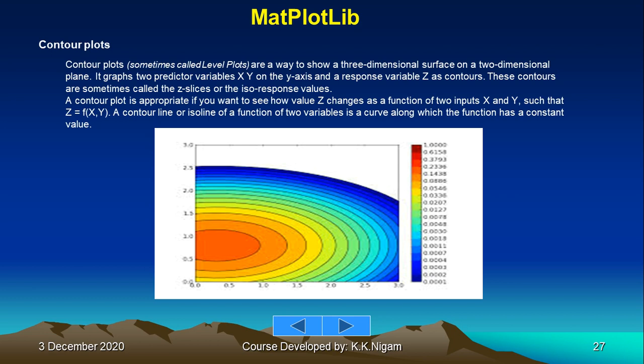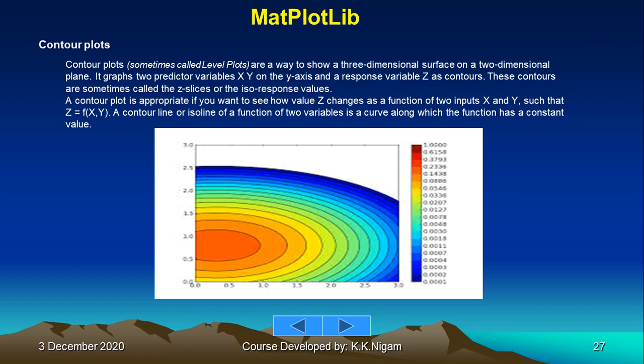These contours are sometimes called z slices or the iso-response values. A contour plot is appropriate if you want to see how value z changes as a function of two inputs, that is x and y, such that z is equal to a function of x and y.